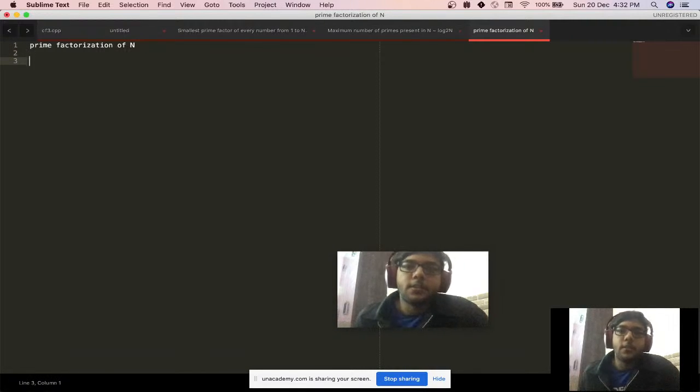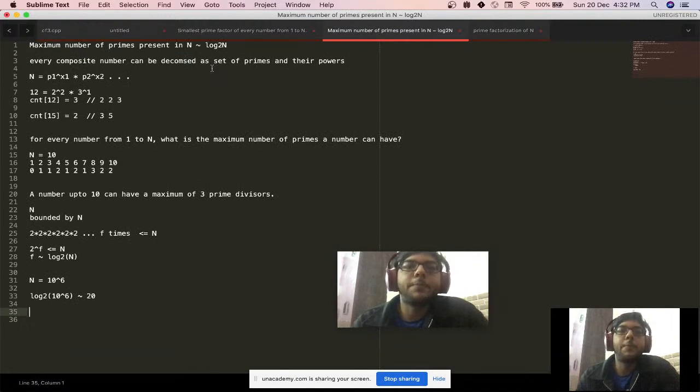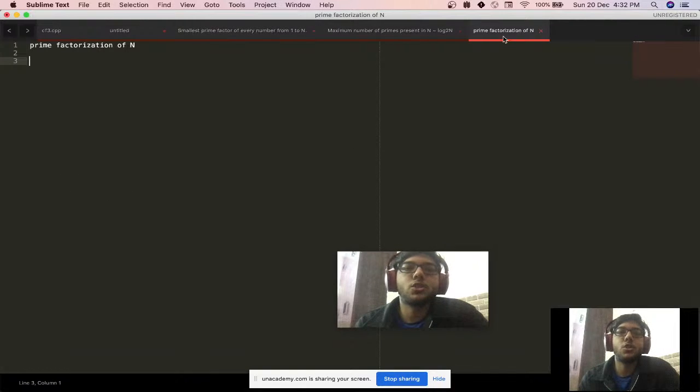When you do prime factorization of n, you definitely are going to get bounds like this one. How many primes can n have? Because you are going to do a prime factorization of n, it's good to already know that there can be only at max 20 primes, if n equals 10 power 6.